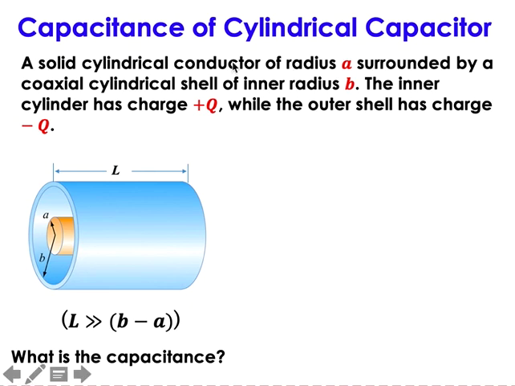A solid cylindrical conductor of radius A, this part, is surrounded by a coaxial cylindrical shell of inner radius B. The inner cylinder has a charge plus Q, and the outer shell has a charge minus Q. Here, please note this length L is much larger than B minus A. What is the capacitance? The calculation process is the same.